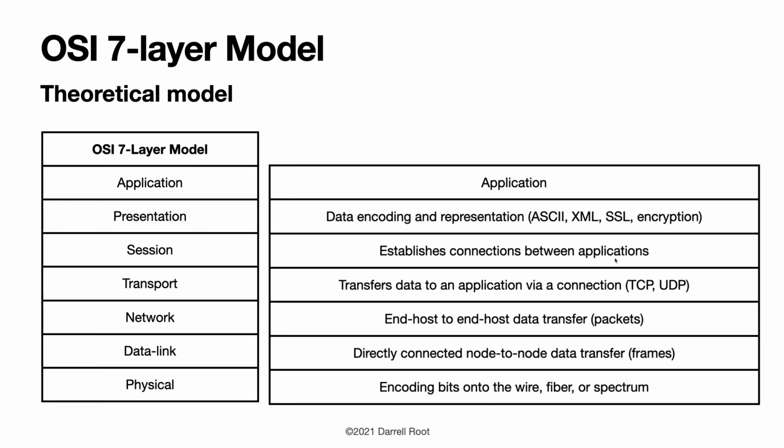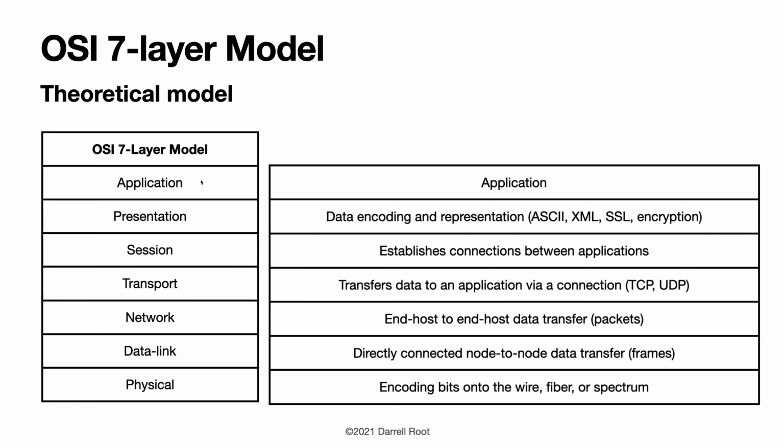Occasionally you will run into a protocol which has multiple sessions, multiple connections between 2 processes. We have the presentation layer, which deals with data encoding and representation. So ASCII representation, SSL, encryption. And then there's the application layer itself, the 7th layer of the OSI model, which of course is the end application that is using the other layers.